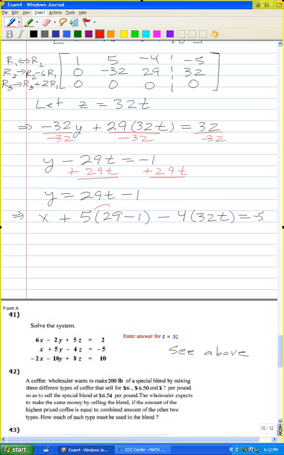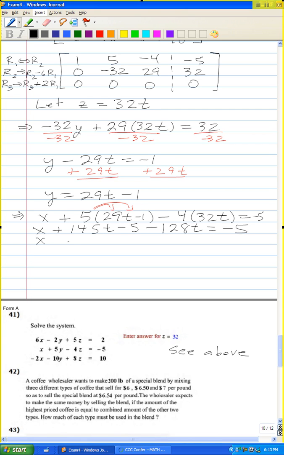So let me multiply the 5. And so I get here x plus 145t minus 5 minus 128t equals -5.